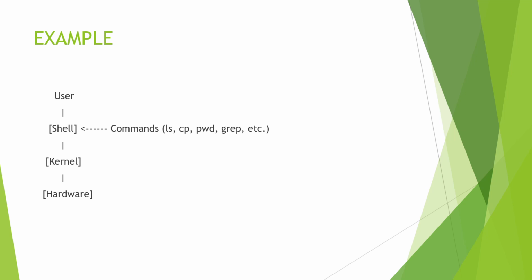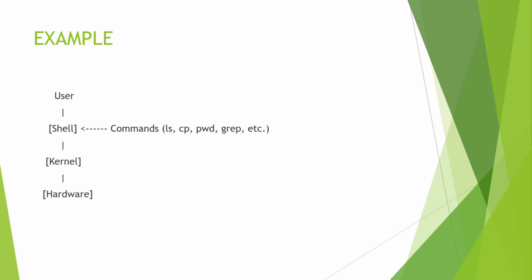In a diagram, this can be shown as an intermediary layer between the user and the kernel. The kernel is the core of the operating system that directly communicates with the hardware. When the shell sends a command to the kernel, the kernel manages the necessary resources to execute it.